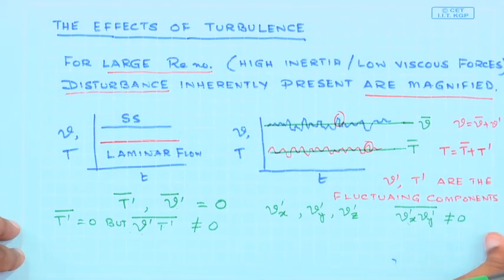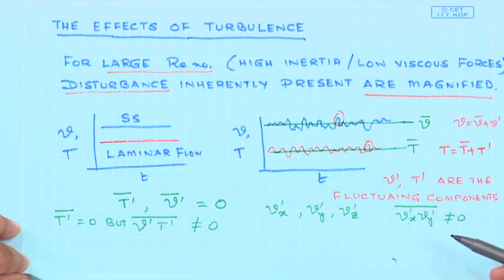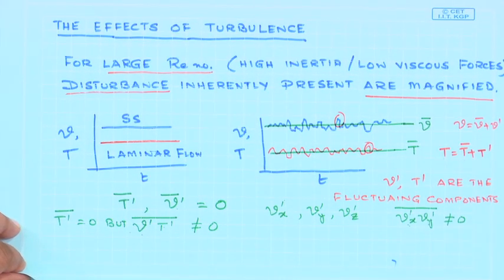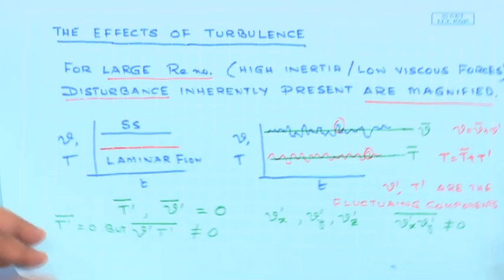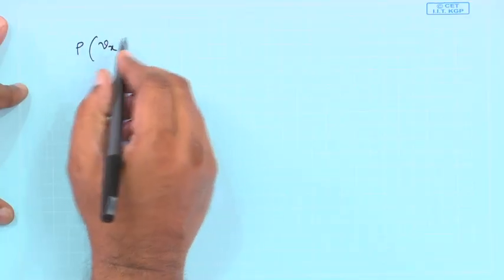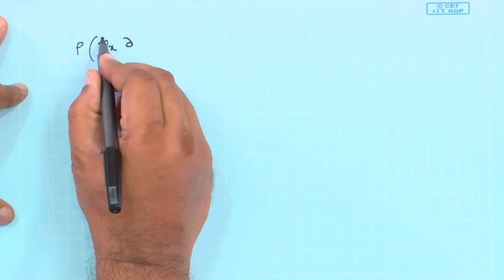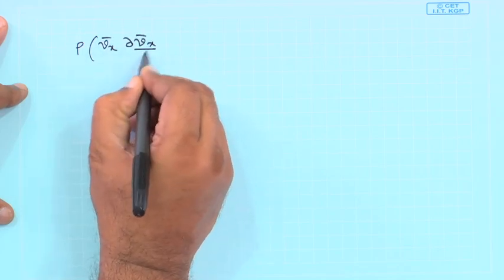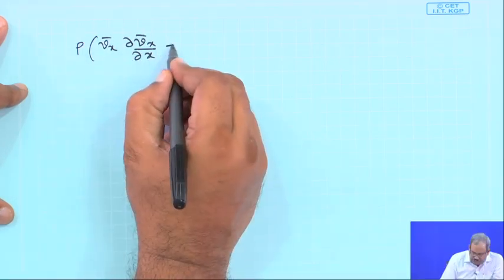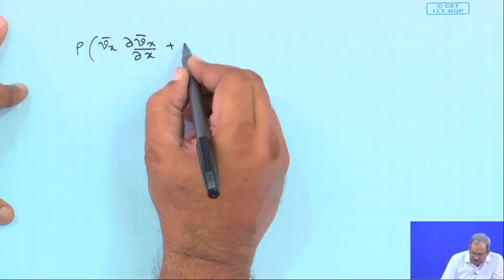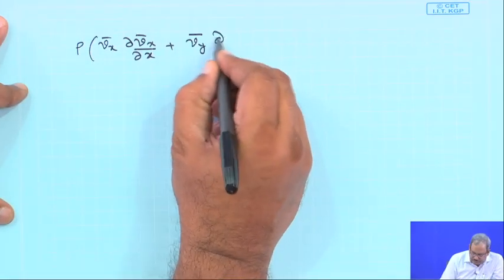equations appear which are conceptually the same as the equation of motion, but different because of the presence of these terms. I am writing them for two dimensional flow, which is the flow inside a boundary layer. Everything now is in terms of the time smooth value, which is why the bars should appear over here.